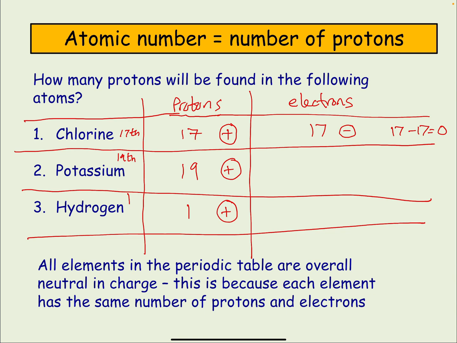Potassium, again, because it's neutral, it must have 19 electrons as well, because it's 19 take away 19. And hydrogen, it's got one proton, therefore it must have one electron, one negative charge, 1 minus 1 equals 0. So that is why all elements are neutral overall, because they have the same amount of protons and electrons.